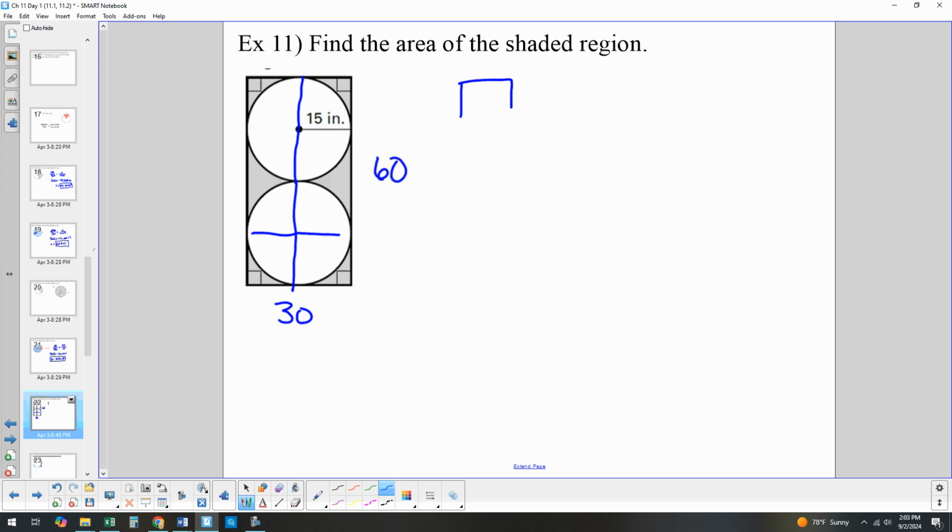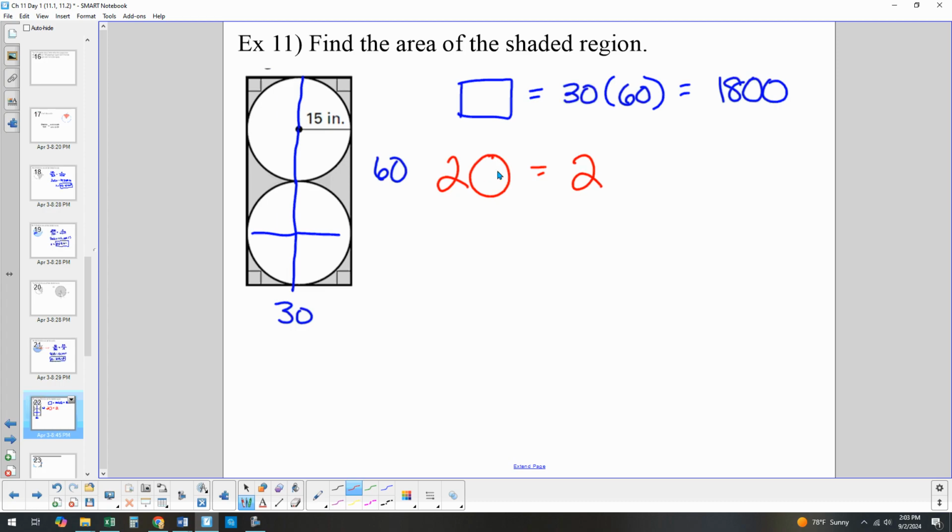So the rectangle is really 30 times 60, because that's how we find the area of a rectangle, length times width. So the rectangle is really 1,800. I have the circles. 2 circles is really 2 times pi r squared.